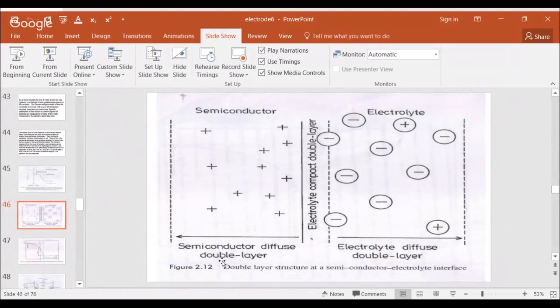These are all ideal pictures. We should not think that this is the truth. Tell me.